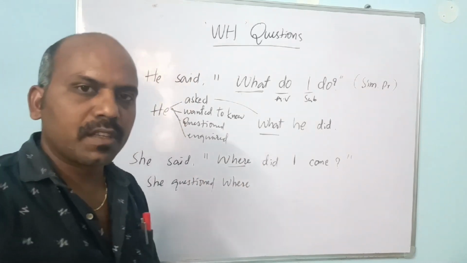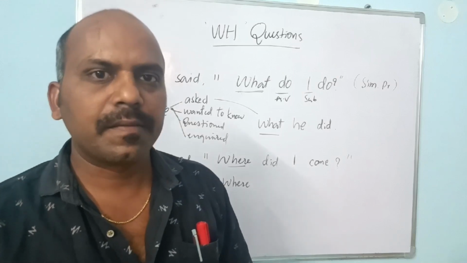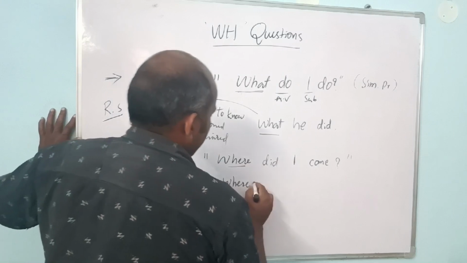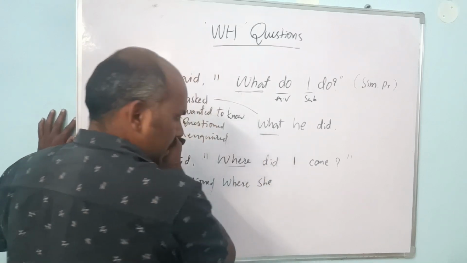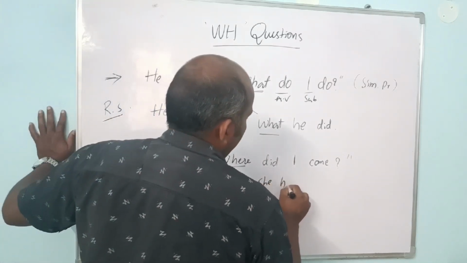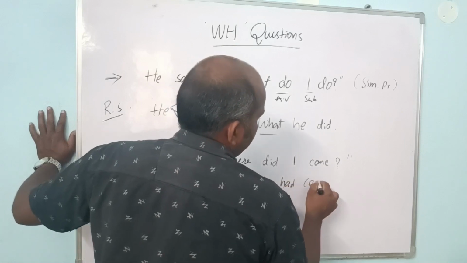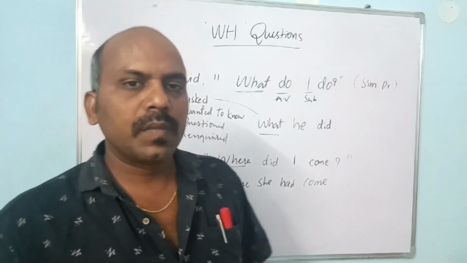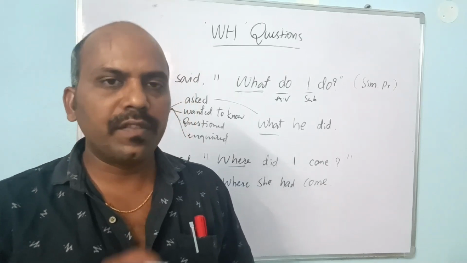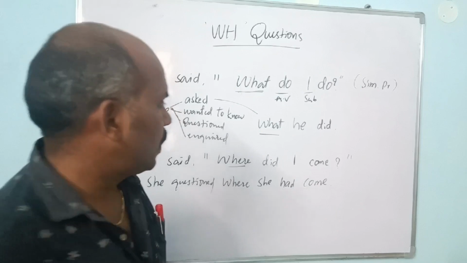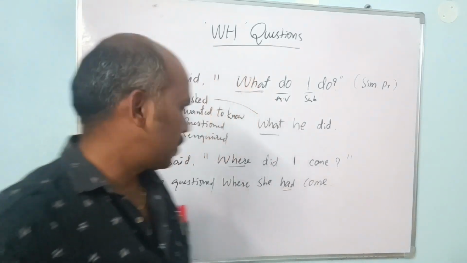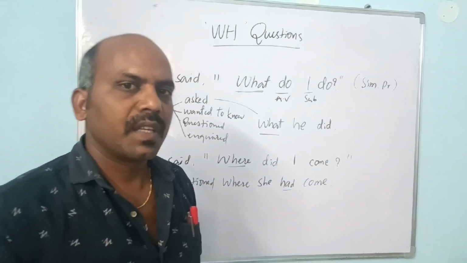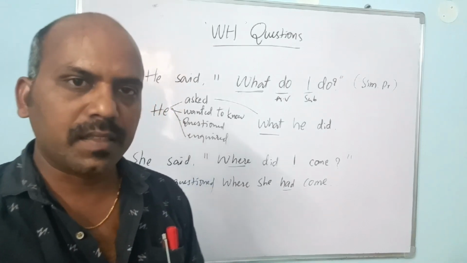Simple past tense becomes past perfect tense according to the rules. Here I means she again: she questioned where she had come. Because come forms are come, came, come, coming, the V3 form is again come, so had comes in the perfect tense. So, she questioned where she had come is the answer for simple past tense.